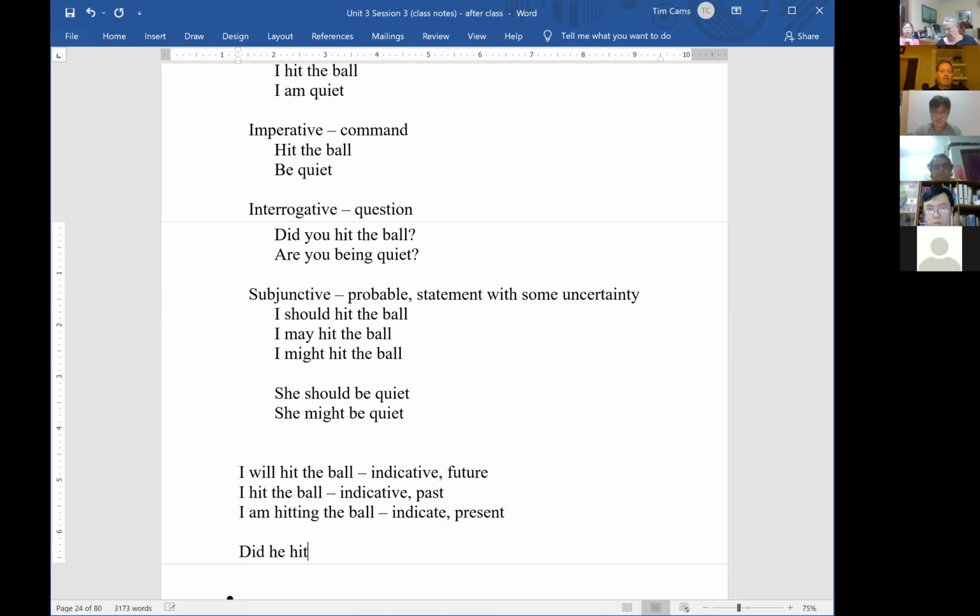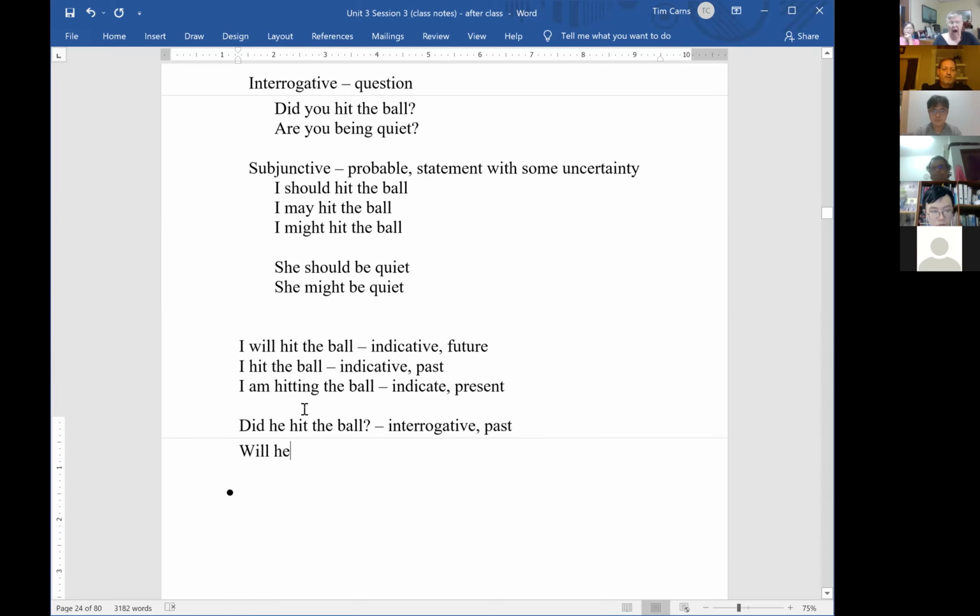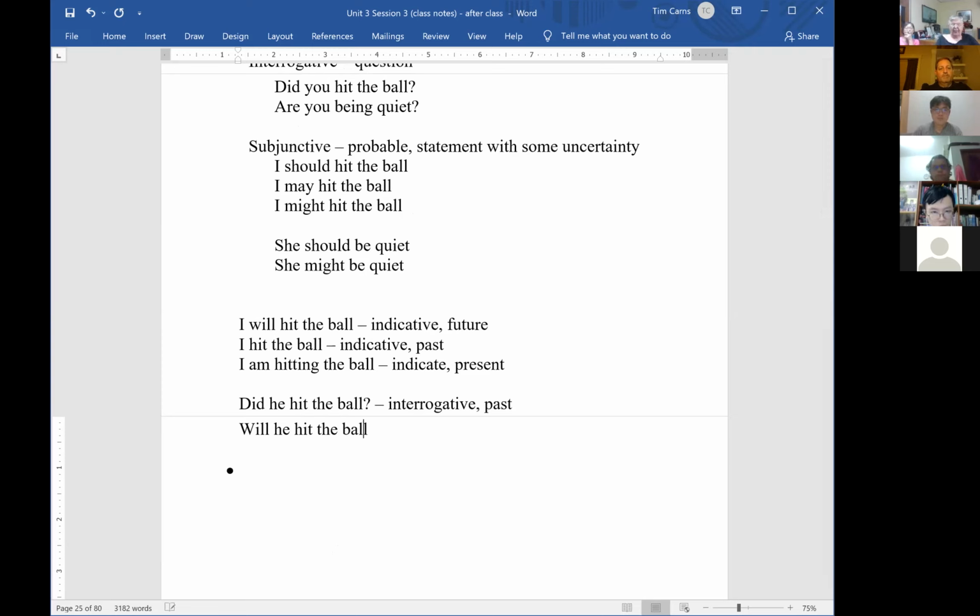Did he hit the ball? All right, that's interrogative, right? Because it's asking the question. We don't know if the action took place, and it is in the past tense. Will he hit the ball? All right, again, interrogative. It's a question. And future.